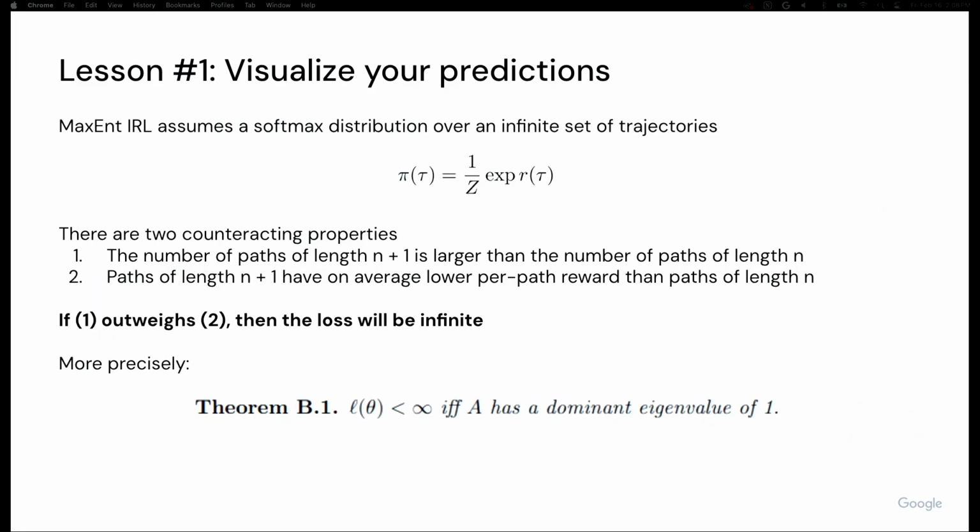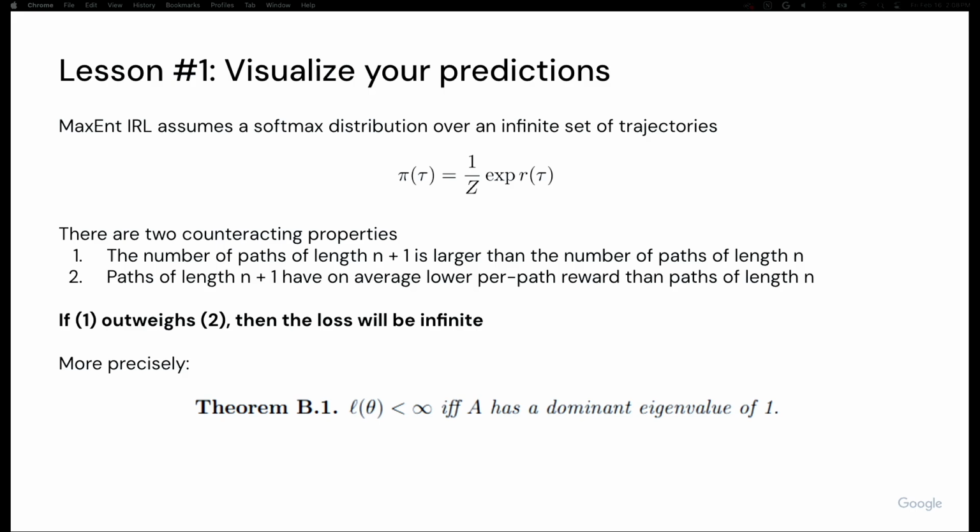To understand this phenomenon, let's take our insight from earlier: Maxent is an infinite-class classification problem, with a softmax distribution over the infinite set of trajectories between the origin and the destination. There are two key counteracting properties that characterize the transition between finite and infinite loss, and both are pretty obvious.